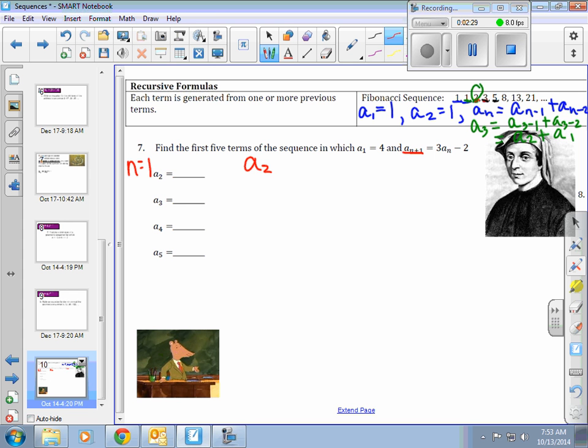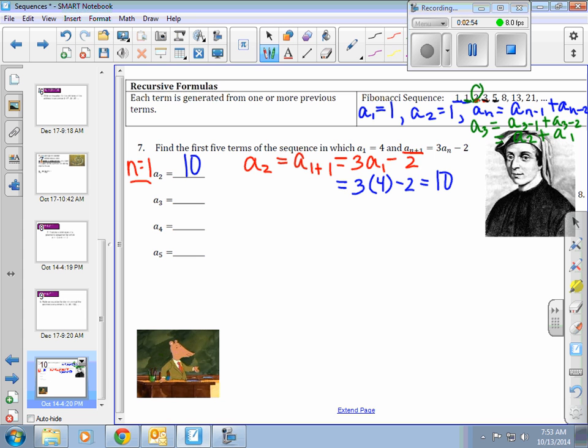It's the first term, so it would be a sub 1 plus 1, which gave us a sub 2. Then 3 times a sub 1 minus 2, because n is equal to 1. I simplify: a sub 1 is 4, so 3 times 4 is 12, minus 2 gives us 10.